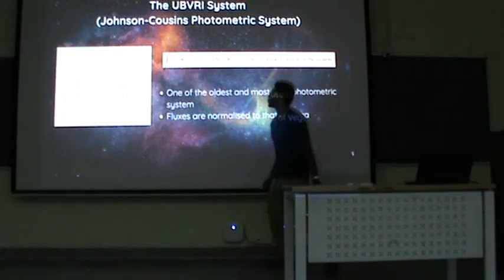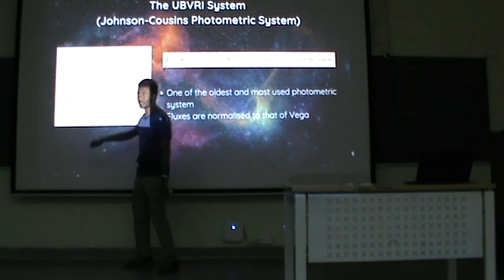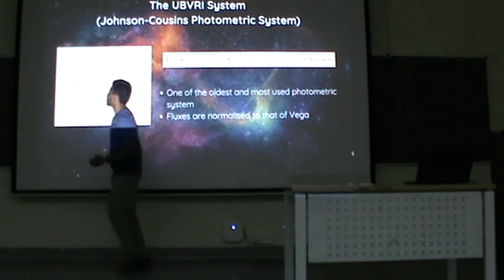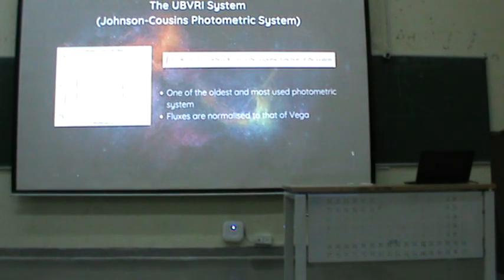And okay, so what are these curves? This is the response function of the system. Suppose this is the spectrum of your star, and you are measuring the V band. Suppose this is your R lambda, and this is F lambda.